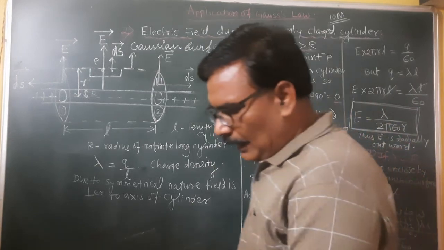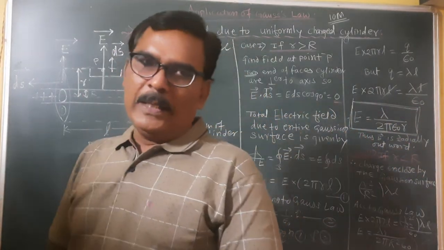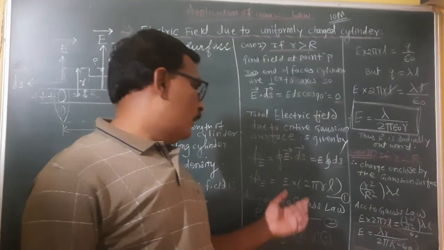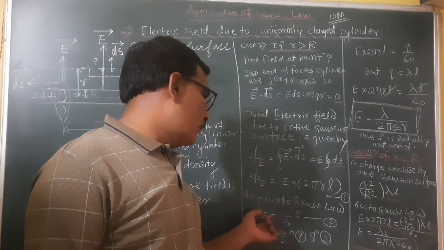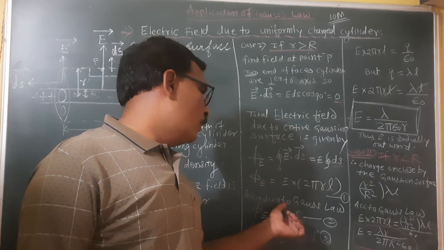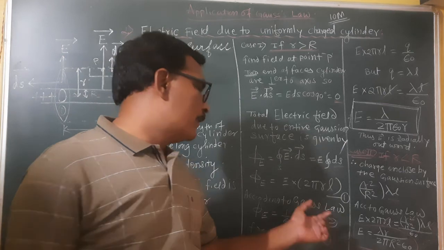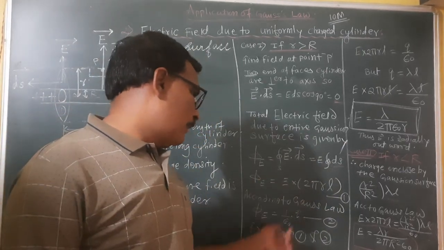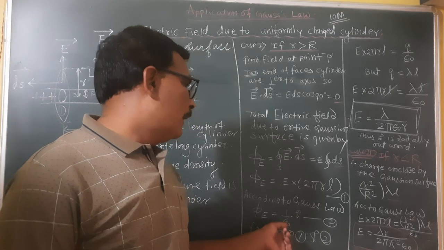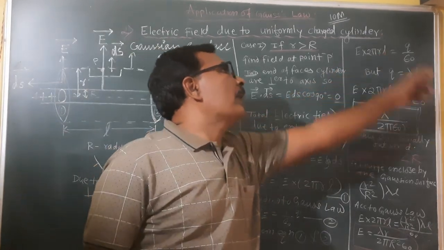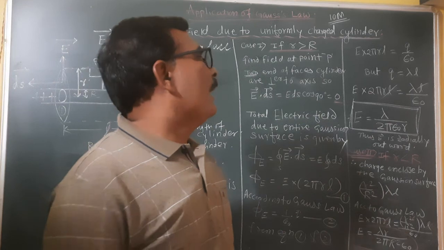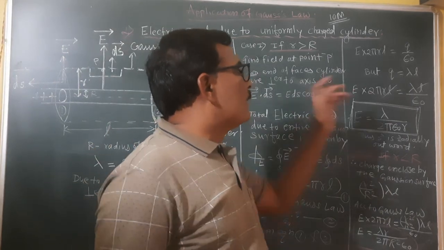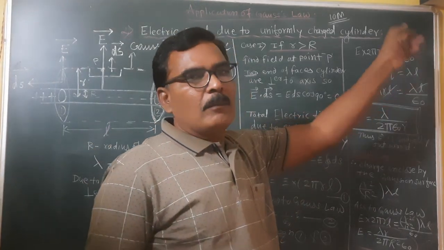According to the Gauss law, the entire flux over a closed surface is equal to 1 upon epsilon 0 times the net charge enclosed by that surface. Then from equations 1 and 2, E into 2 pi rl is equal to Q by epsilon 0, where Q is the charge.